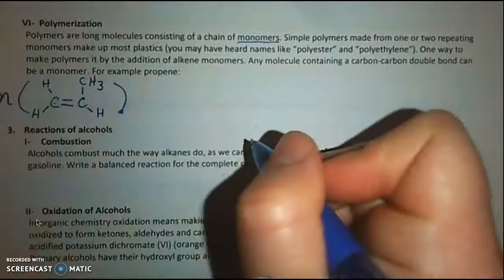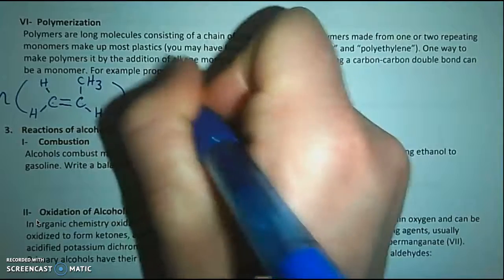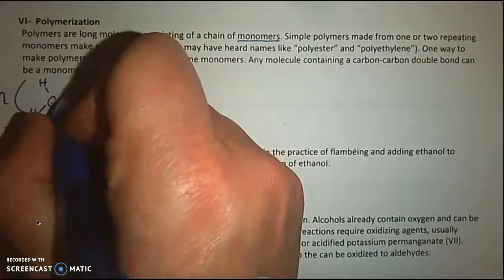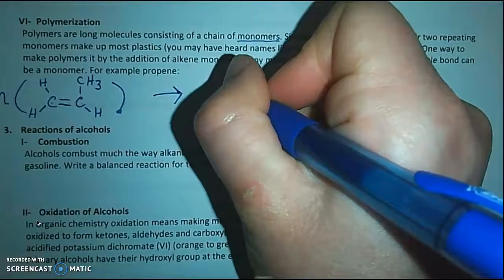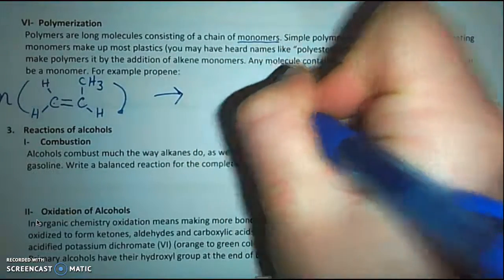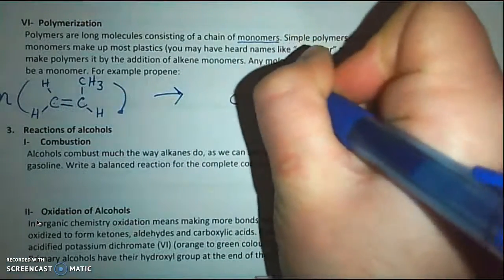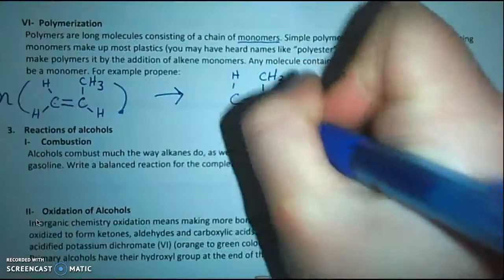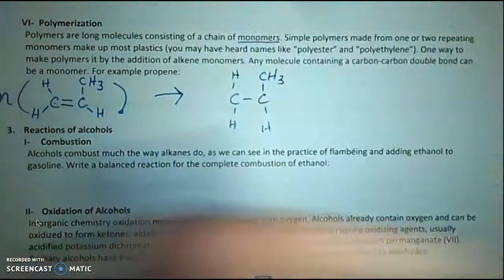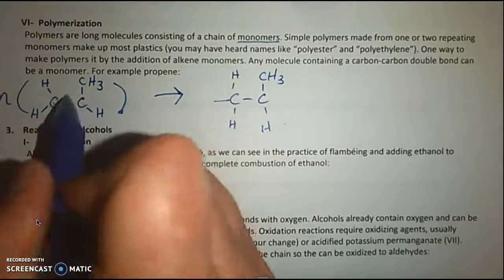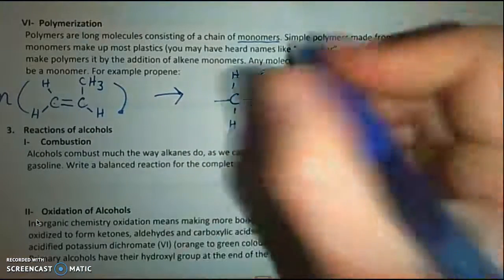So if I take a bunch of these and react them with the appropriate catalyst and with some heat, then the double bonds will all break, so I can end up with a chain of molecules of repeating units. See how this is the propene rewritten but without the double bond.